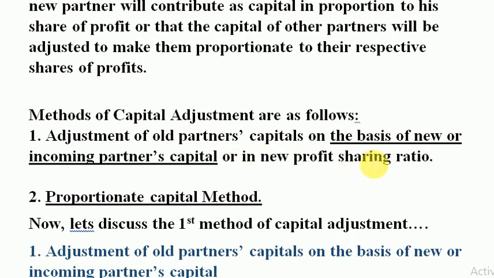And the second method is the proportionate capital method. So these are the 2 popular methods for doing capital adjustment of old partners at the time of admission of a new partner. And in today's class, we are going to discuss the first method of capital adjustment. So let's move ahead.